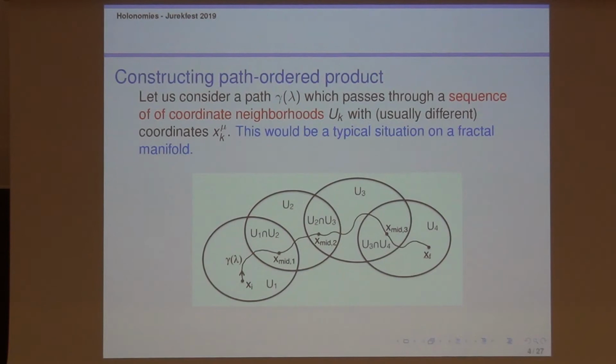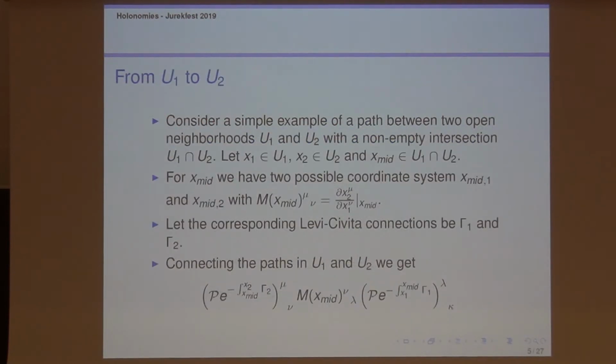So the simplest situation is just we have two such patches, neighboring patches, and let us assume that they have a non-empty cross-section, and that we define coordinates in U1 and we define them in U2, and that there is some intersection where we have two possibilities, either to use coordinates from the first or the second patch.